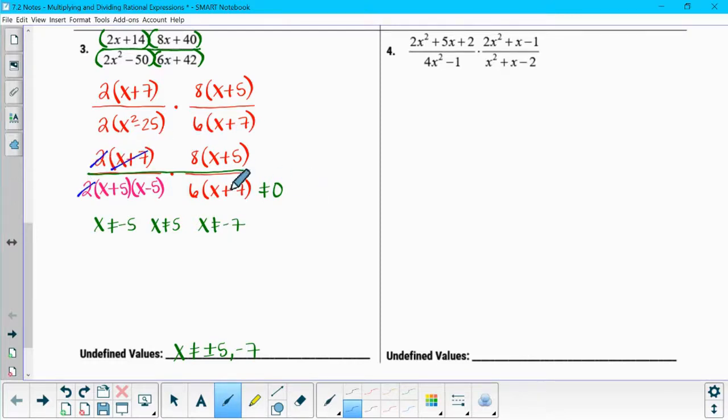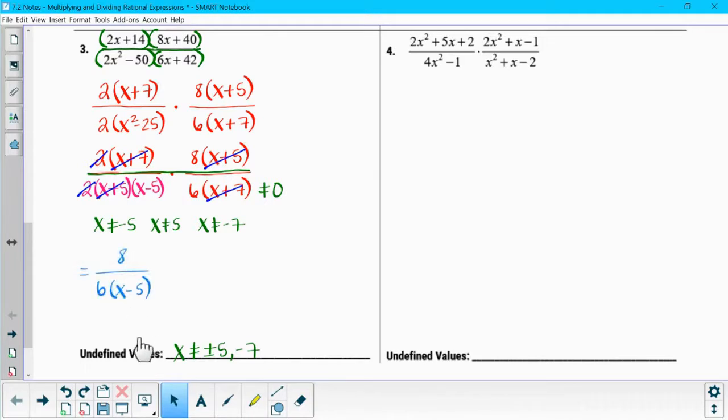I have 2x plus 7's, 2x plus 5's, and I'm left with 8x minus 5 and 6. So I'm going to go ahead and write that out. And I do have a little bit more simplification I can do. 8 and 6 can be simplified to 4 and 3, giving me a final answer of 4 over 3 times x minus 5.